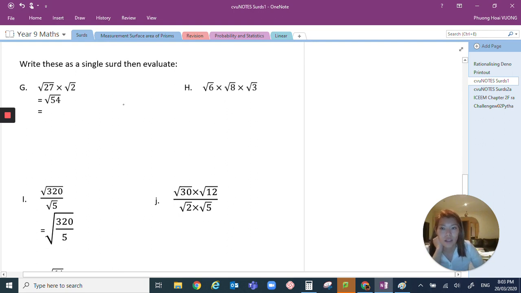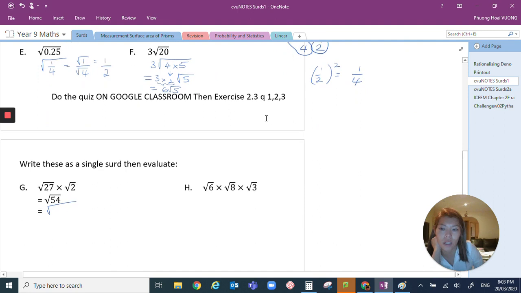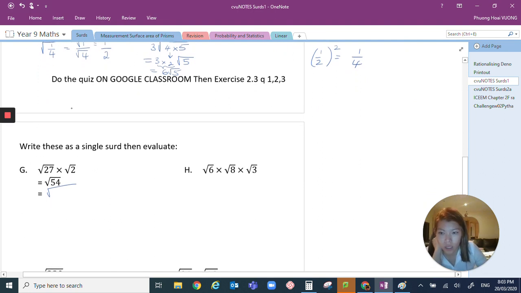Write these as a single surd and then evaluate. Okay, so 27 times 2 is 54, square root of 54.